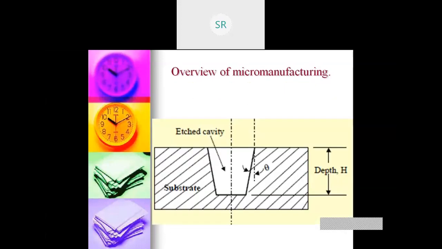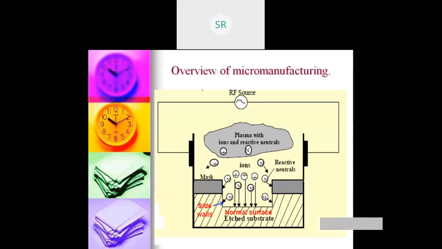Say I have seen the plasma etching. What I need to do here is, say I want to maintain a shape like this.